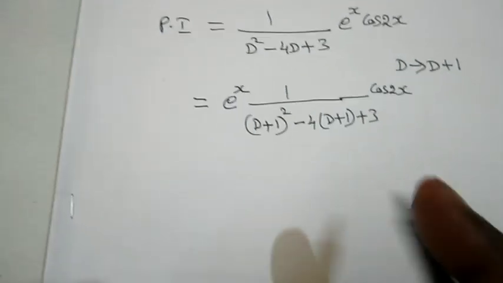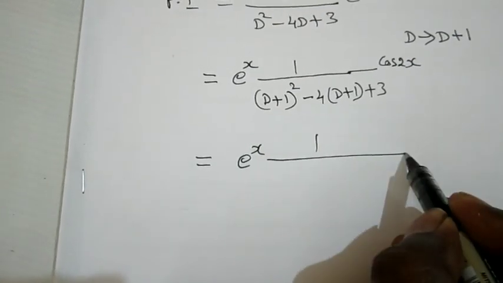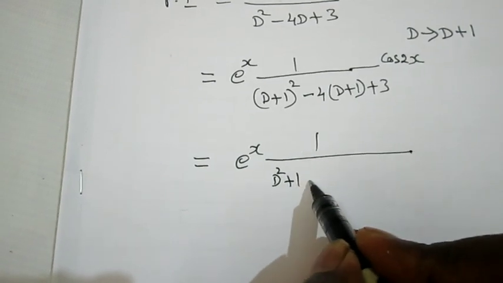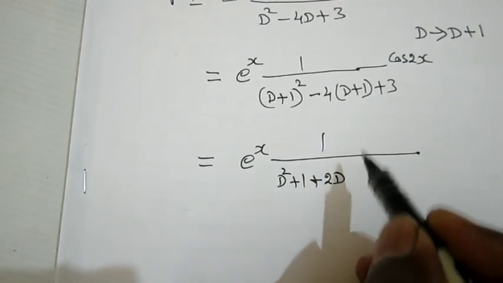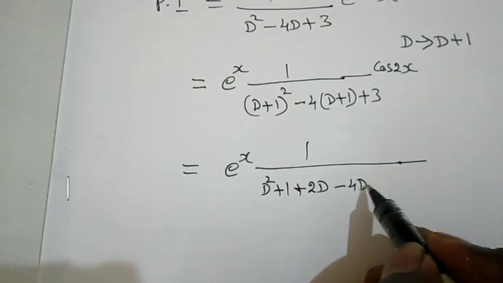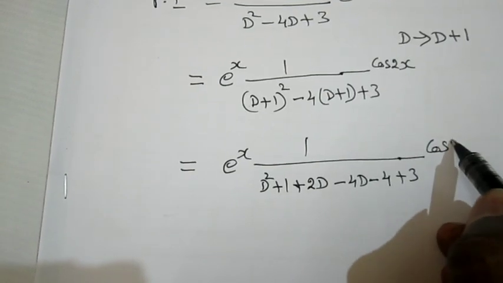Now I am going to simplify. e power x into 1 by, applying (a plus b) the whole square, a square plus b square plus 2ab, and multiplying minus 4 inside: minus 4D and minus 4 plus 3, into cos 2x.